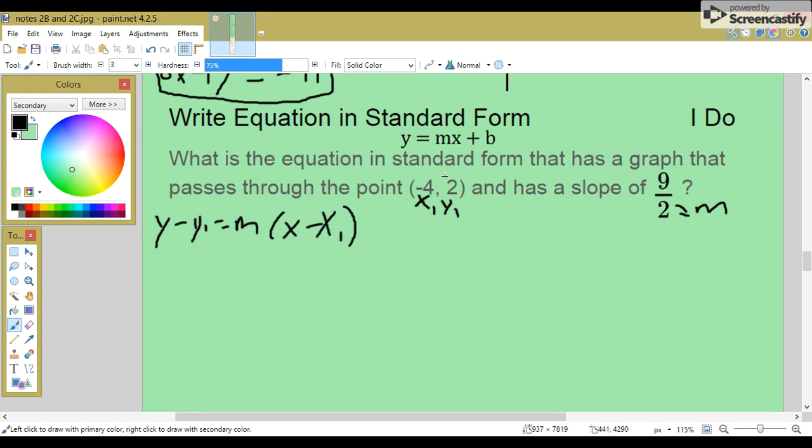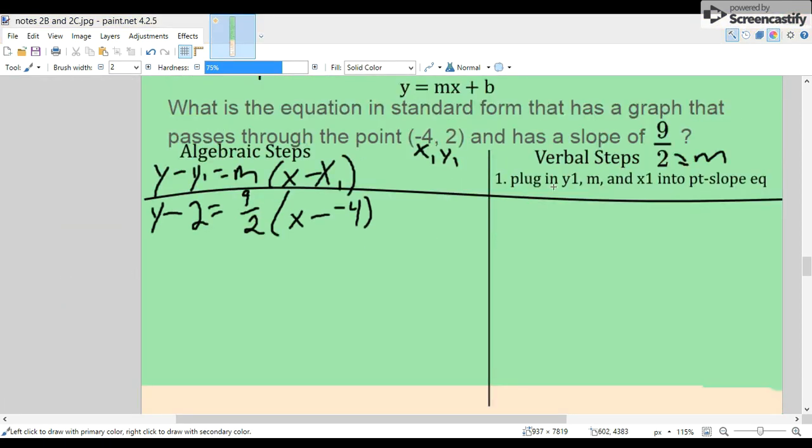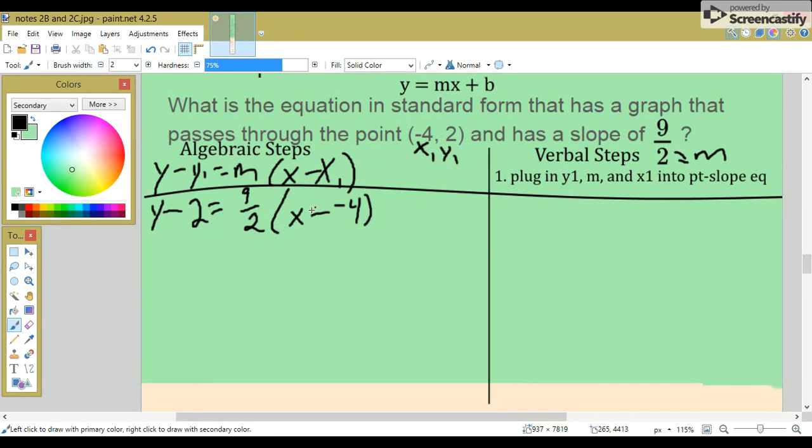Plug in our given values. Y minus y1, which is 2, equals m 9/2 parentheses x minus x1, which is -4. So step 1, plug in y1, m, and x1 into the point-slope equation. Step 2, two negatives make a positive.